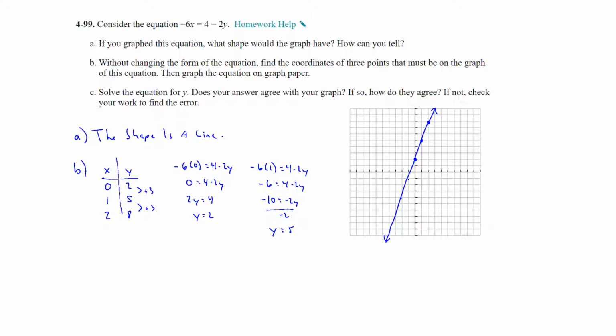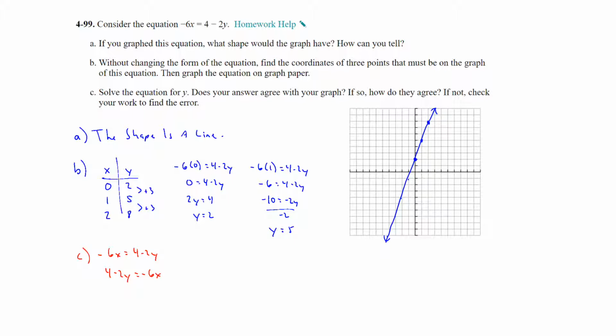Now solve the equation for y. Does your answer agree with your graph? If so, how do they agree? If not, check your work to find the error. So let's go ahead and write the equation in slope-intercept form. So we want to solve for y. I'm going to rewrite the equation so the y is on the left.